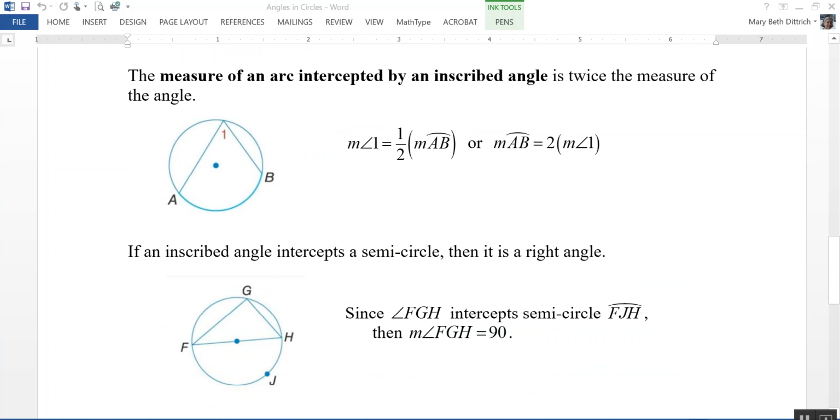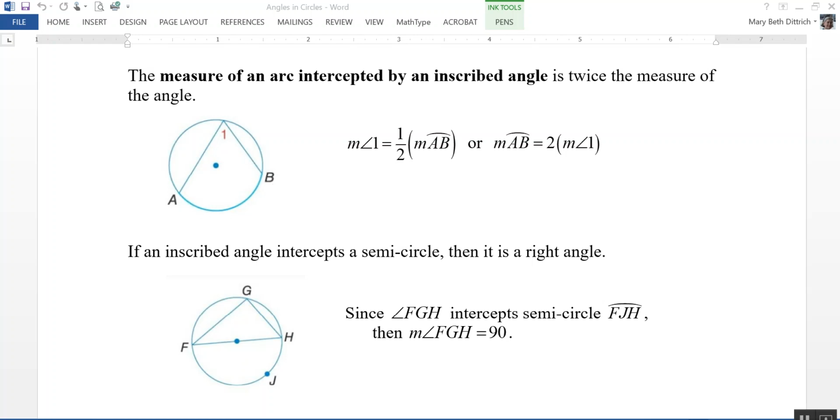The measure of an arc intercepted by an inscribed angle is twice the measure of the angle. Here we have a circle with inscribed angle 1, and you'll notice its vertex, which is unnamed, is on the circle. The measure of angle 1 is going to be 1/2 of the measure of arc AB.